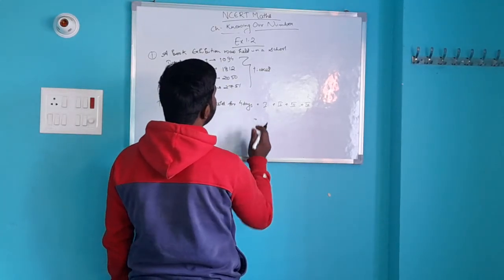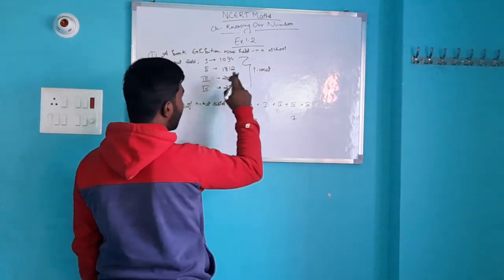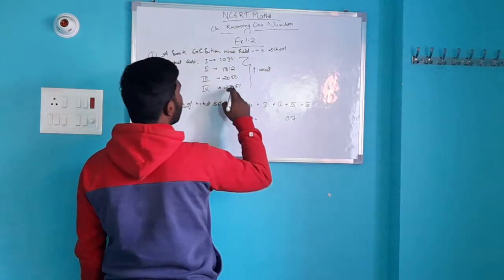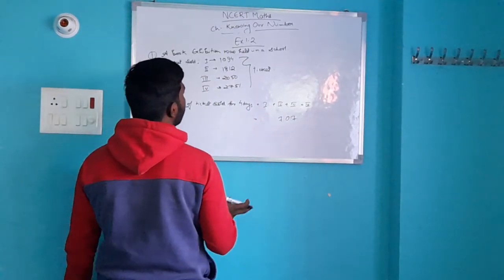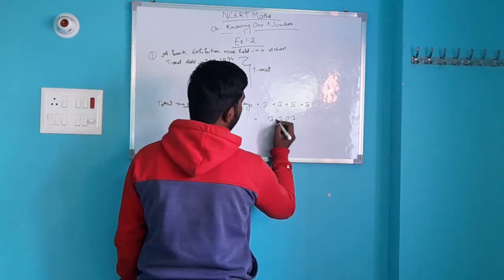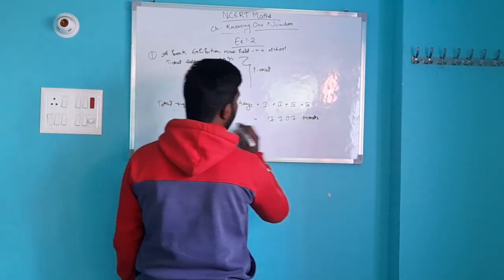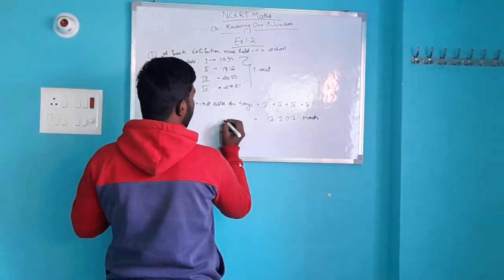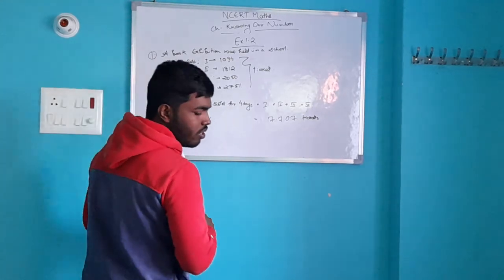Always add from the last: 7, 15, 20, 0, 2 carry, then 17, 1 carry, 3, 5 and 7. 7,707 tickets are sold. This is the first question.